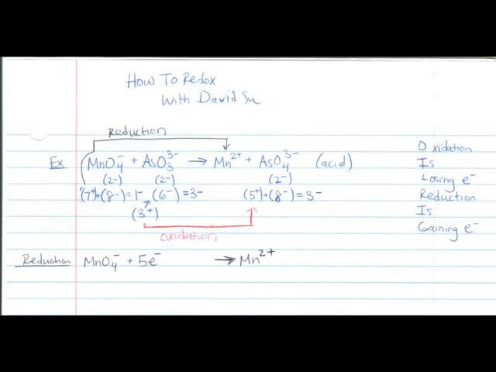No, I'm sorry, it's gaining 5 electrons, it's getting more negative, it's being reduced. So basically, permanganate gains 5 electrons, that's why you have the 7 plus versus the 2 plus, that's why you have the 5 electron difference.